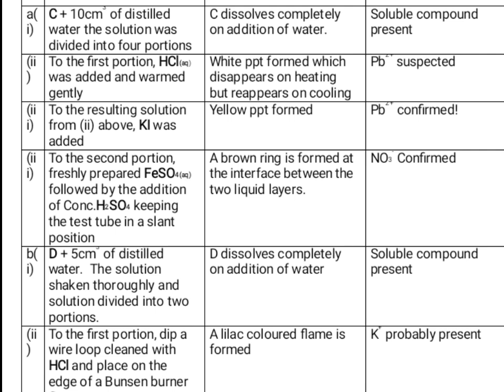When you add freshly prepared iron 2 sulfate to the test sample with the test tube held in a slanted position, and then gently add conc H2SO4 to this reaction mixture, a brown ring will be observed at the interface between the 2 liquid layers.